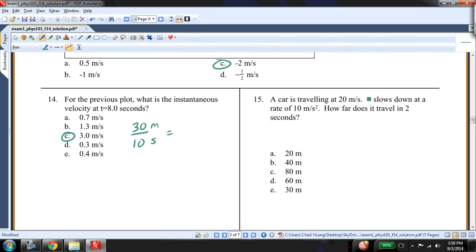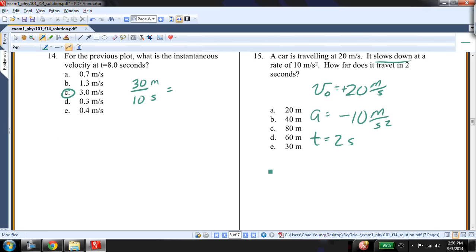A car is traveling at 20 meters per second. It slows down at that rate. How far does it travel? Okay, so V naught is 20 meters per second. We'll call it positive. It doesn't really matter. What does matter is that you get it right, that the acceleration is the opposite because it's slowing down. So the acceleration is negative 10 meters per second squared, and it travels for 2 seconds. How far does it travel? So I want to know x.